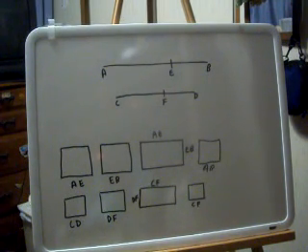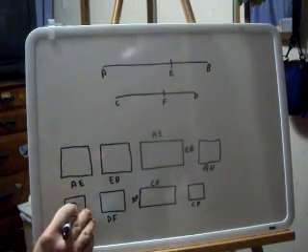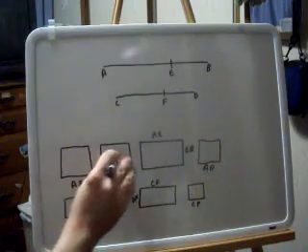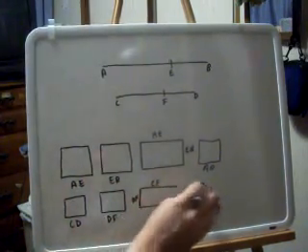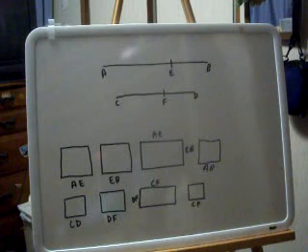Therefore also alternately, as this is to this, so is the sum of these two to the sum of these two. Okay? That's by Euclid Book 5, proposition number 16.